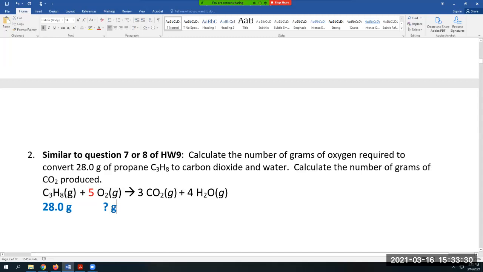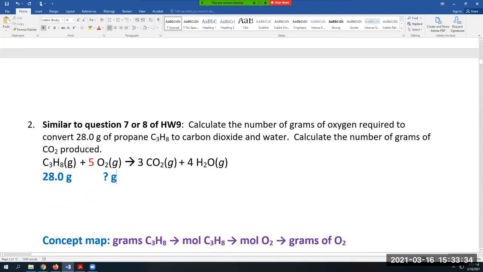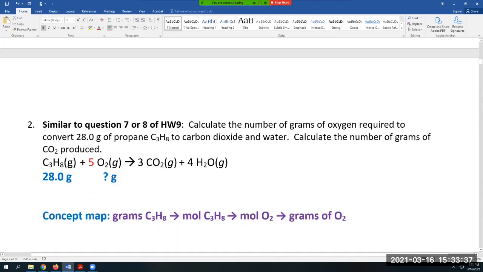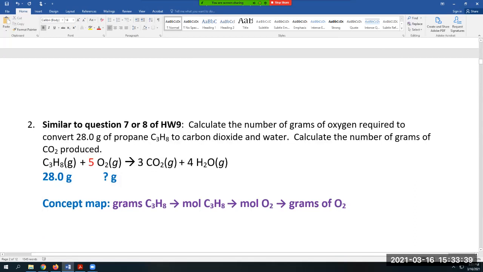It's a gram to gram conversion, right? And that means we will need to go from grams of propane, so those 28 grams here, to moles of propane, because the relationship between propane and oxygen is given in units of moles. It says here that 1 mole of propane will make 5 moles of oxygen.